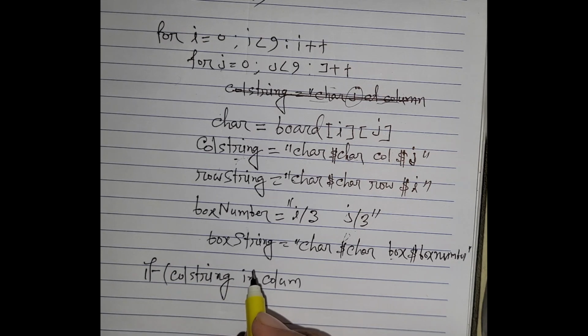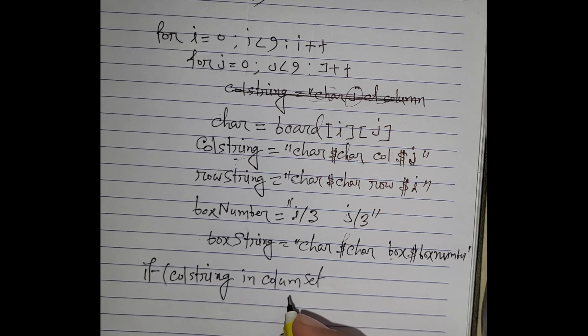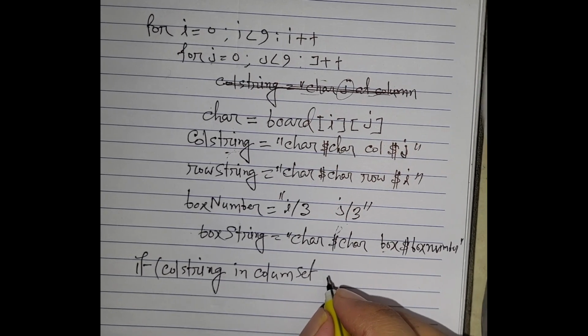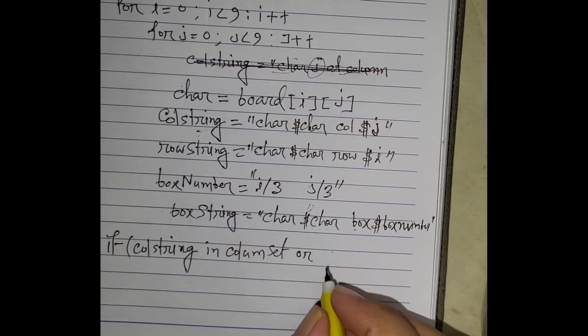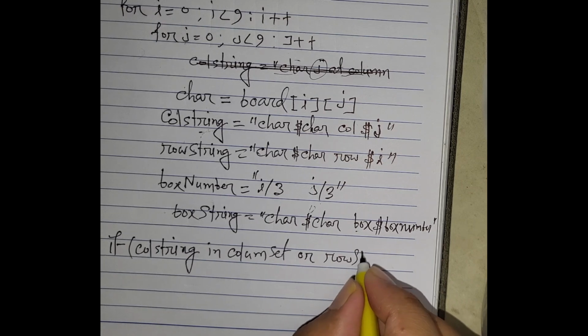It may be different in the language you are using. In Python, you can just do in column set. That means if it already exists in column set. Okay, so we're going to use or. The row string, does it already exist in our row set?